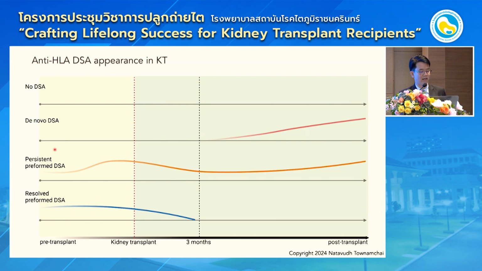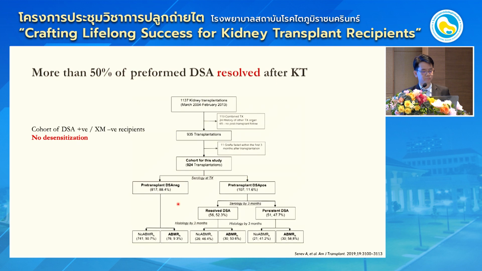And those patients who have preformed DSA, we can divide them into 2 groups according to the resolution of the DSA. If the DSA can be resolved, those patients we call resolved preformed DSA. In one study, they looked at patients, dividing them into those who have DSA and those who do not.